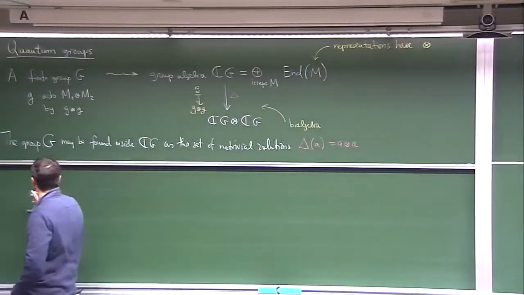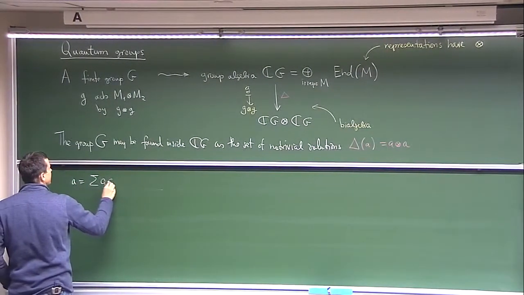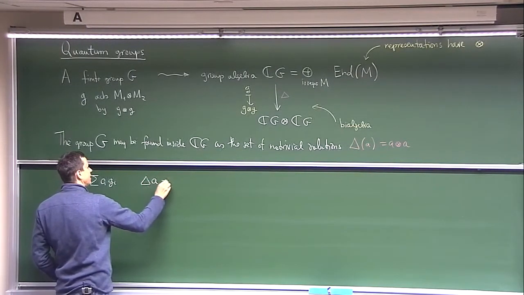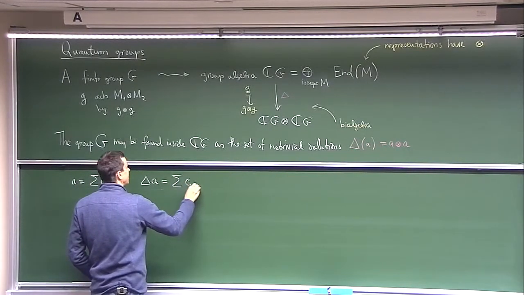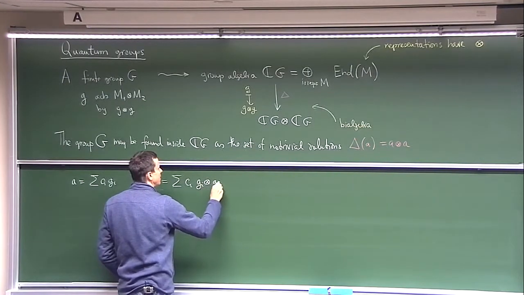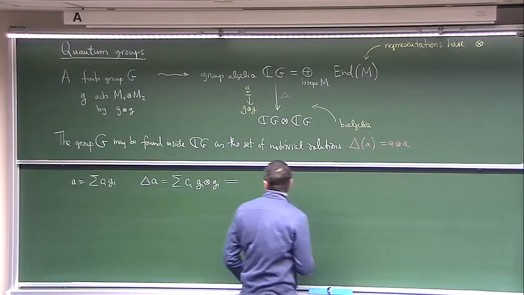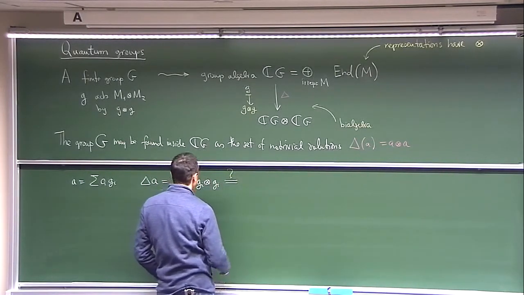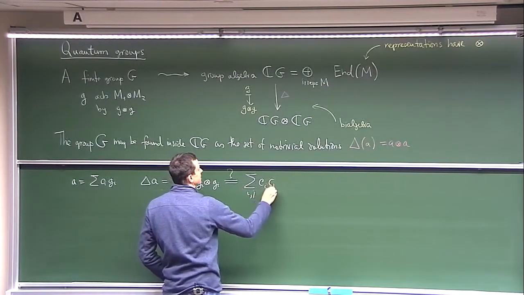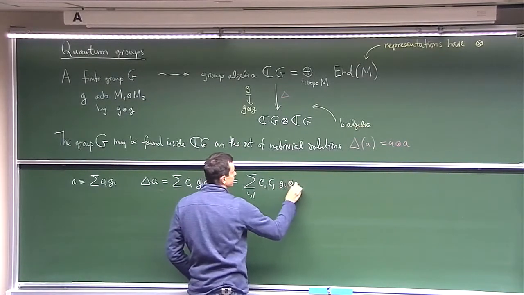Because if I have an element a which is a summation of some coefficients c_i times g_i, then delta of a is the summation of c_i, g_i tensor g_i, and this has to be equal to the product, which is the summation over i and j of c_i c_j, g_i tensor g_j.